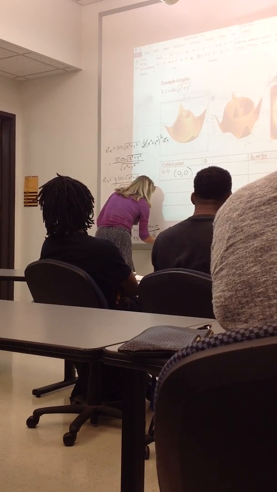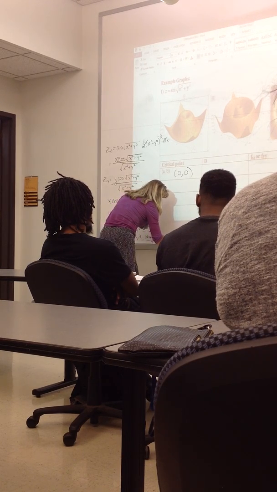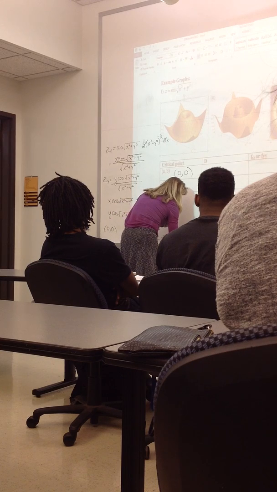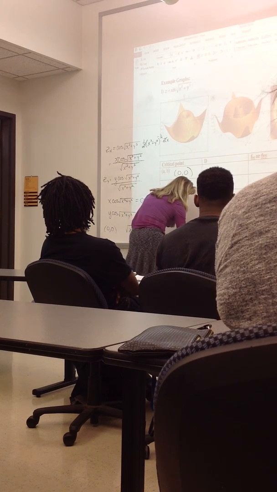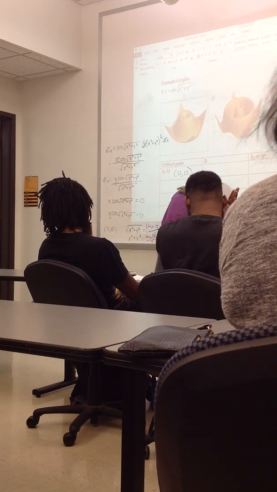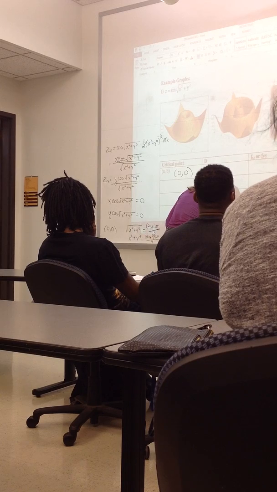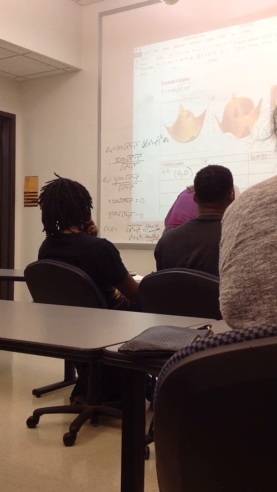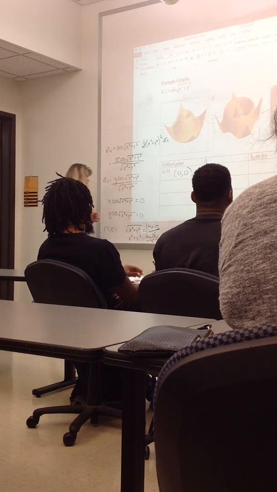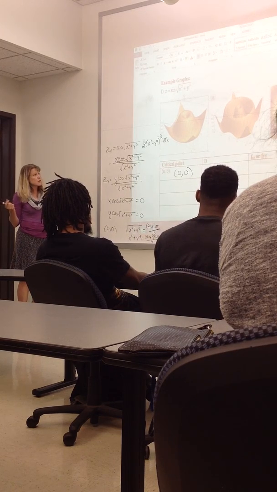So these are circles centered at 0, 0 with radii (2n plus 1) pi over 2. And they produce rings of maxes and minimums.